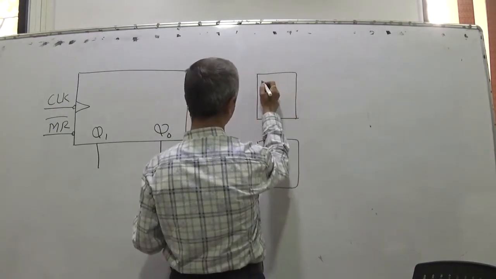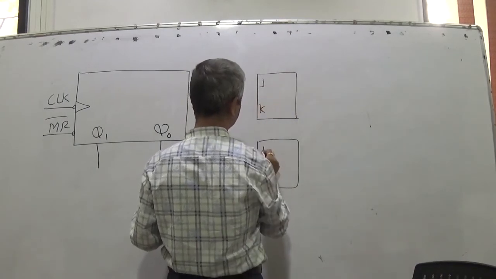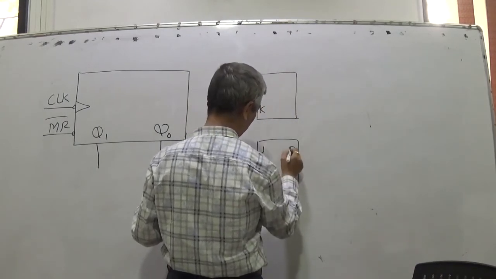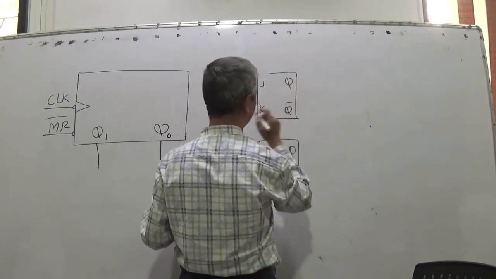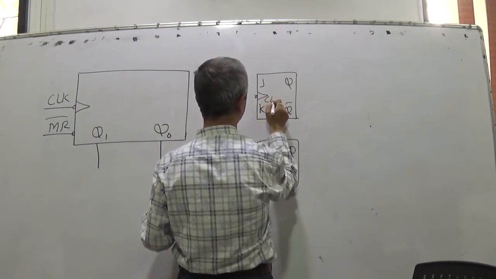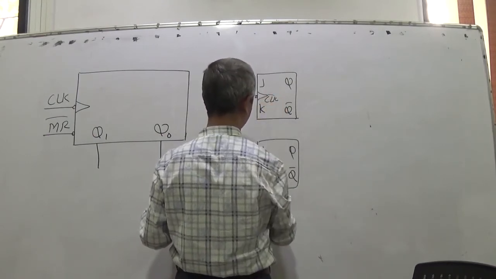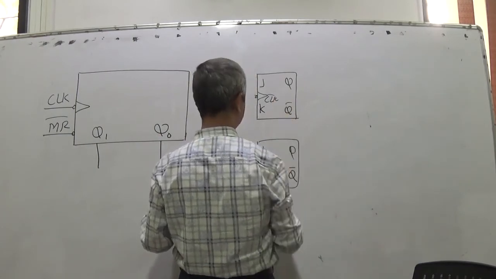Now when there are 2 flip-flops, internal names J, K, just like global and local variable. Q, Q bar, Q, Q bar. Clock is there, CLK bar. It is having master reset.